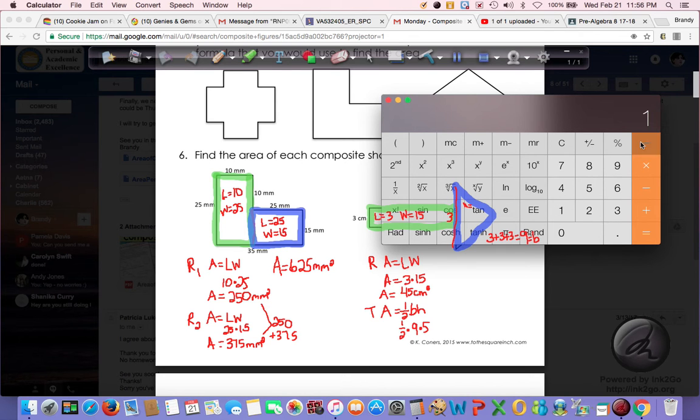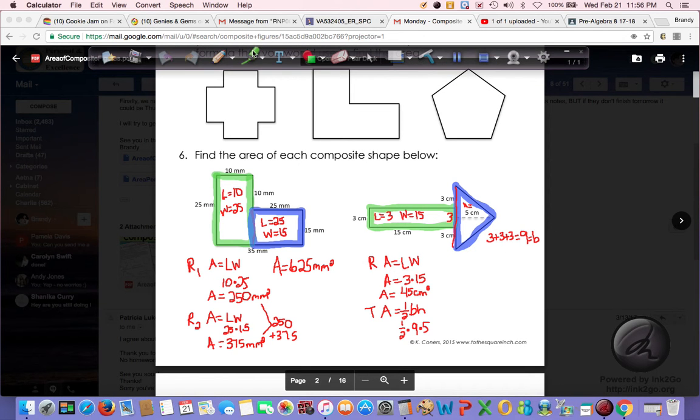So 1 divided by 2 times 9 times 5. 22.5. So the area of our triangle is 22.5 centimeters squared. Now we're not done yet.